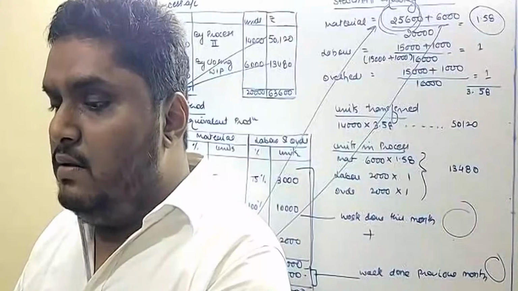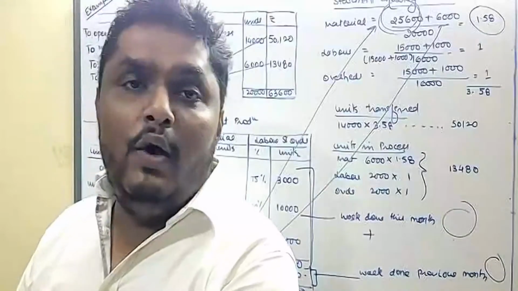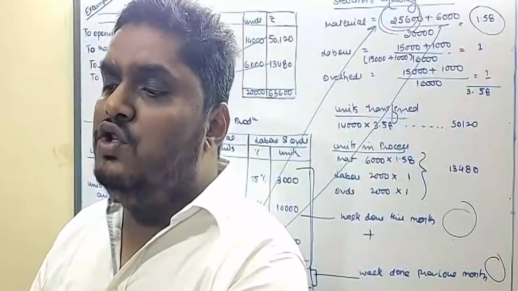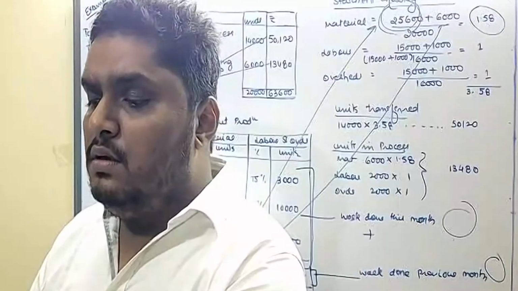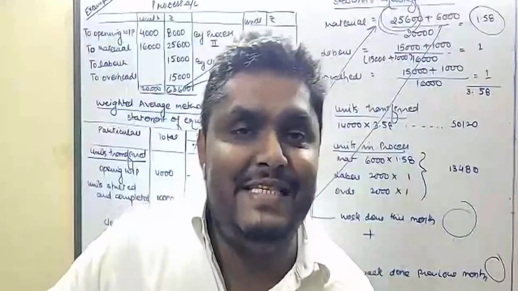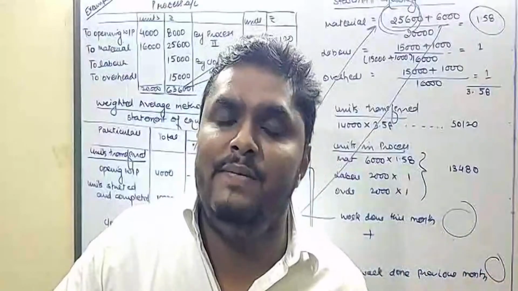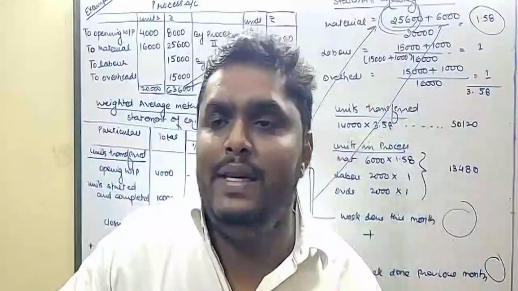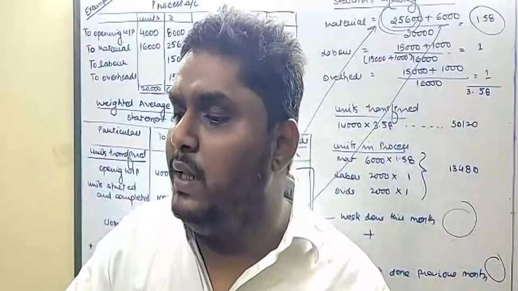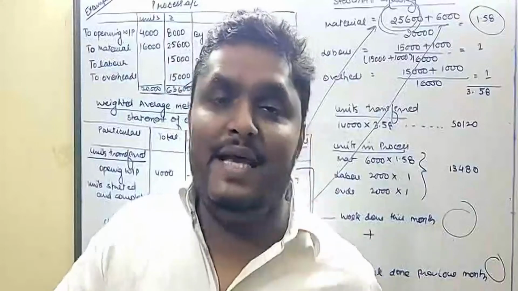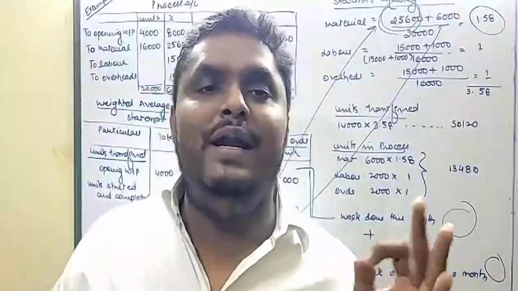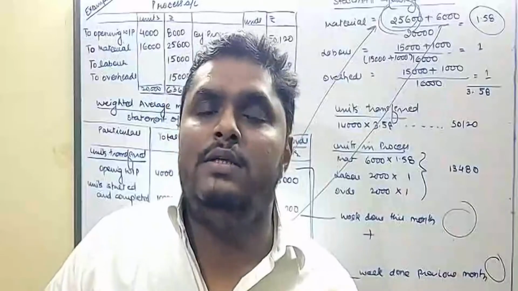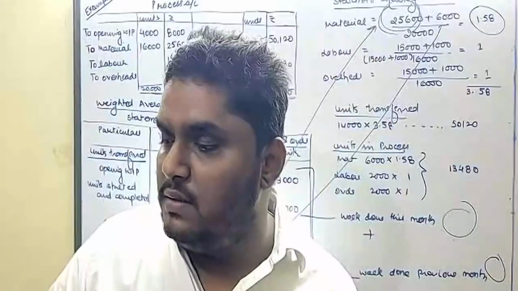No worries, Vedant. Kavita, is your doubt clear? Priyanka, any doubts? Shivani, any doubts? This concept is very, very important from the examination point of view, so even if you have a small query, please post it. Examiners frequently ask questions on work in progress and the concept of equivalent number of units.